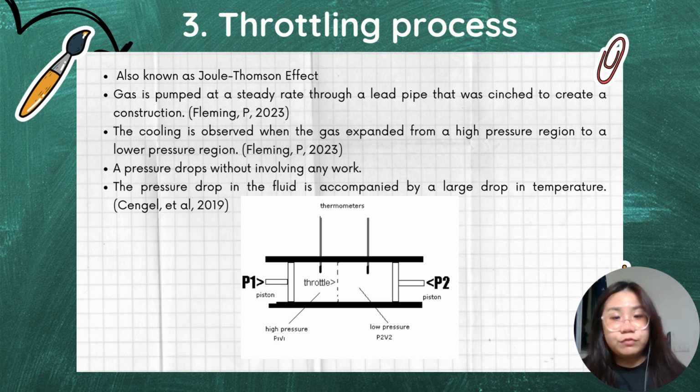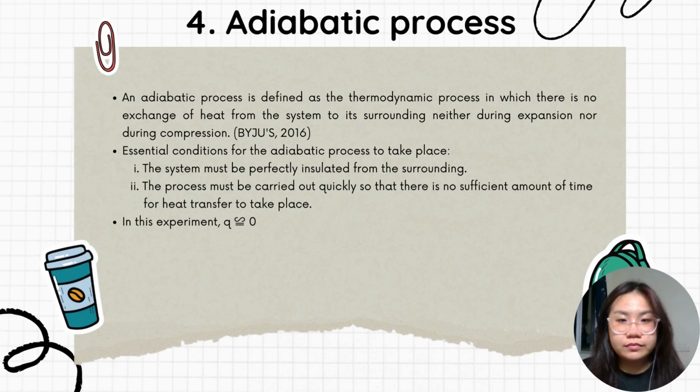The pressure drop in the fluid is accompanied by a large drop in temperature. Apart from that, the Joule-Thomson experiment is also an adiabatic process. An adiabatic process is defined as a thermodynamic process in which there is no exchange of heat from the system to its surroundings, neither during expansion nor during compression.